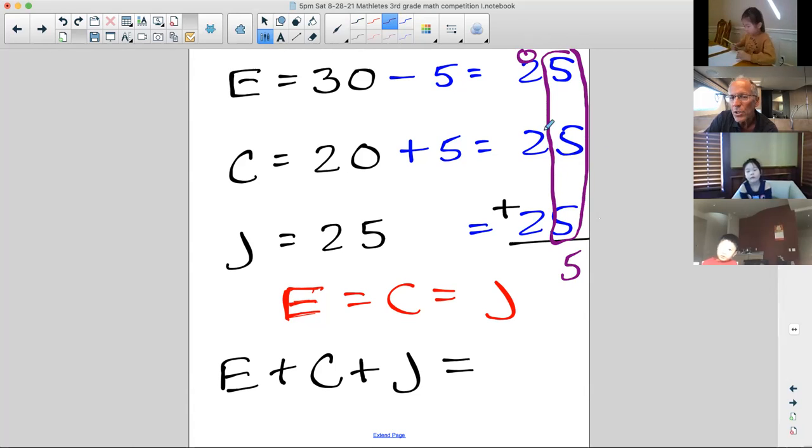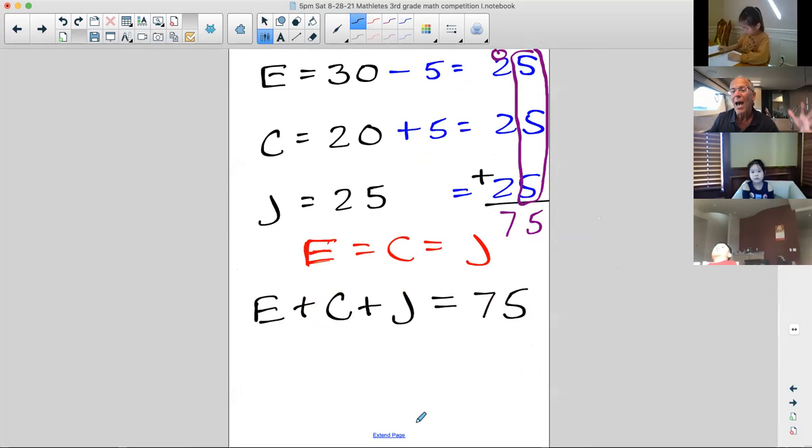And 2 plus 2 plus 2 plus 1 is not 6, it's 7. Right. So Eleanor and Jason, do you see that 3 quarters is 75? So Eleanor, Catherine and Jason together add up to 75.